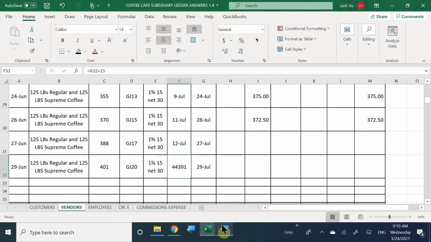So what is my discount due date? 14. All right, and then my actual due date, once again, the 29. What was my invoice amount? 385. No payments were made.